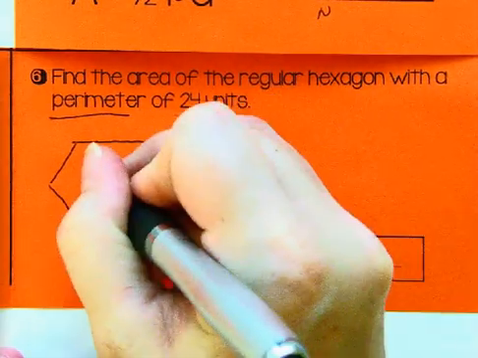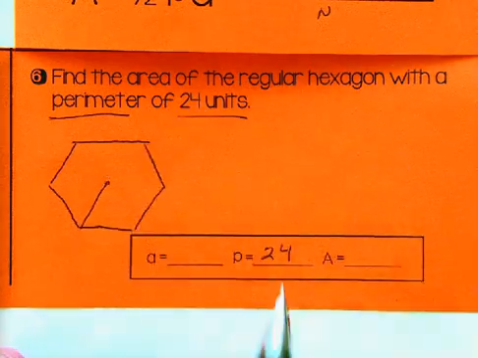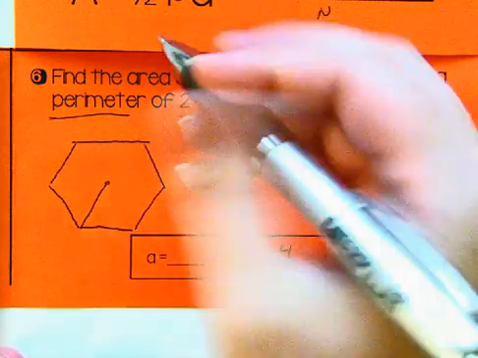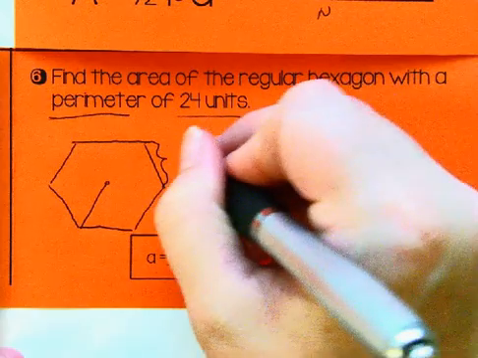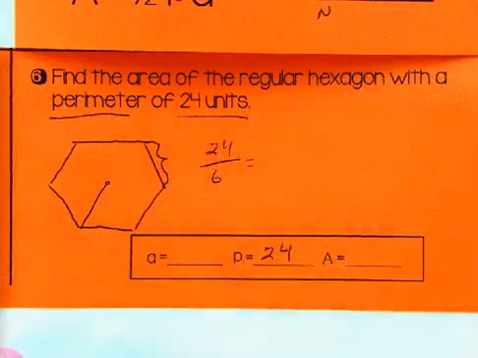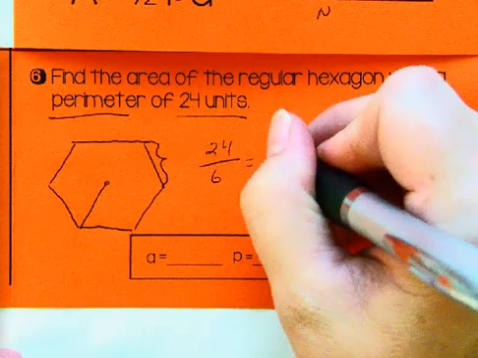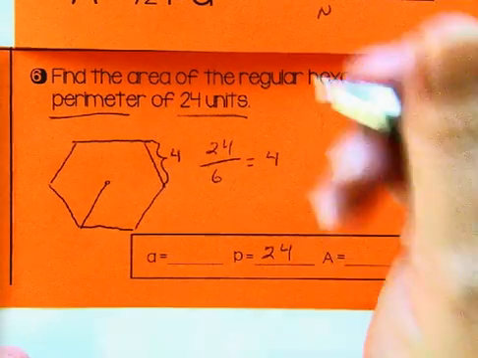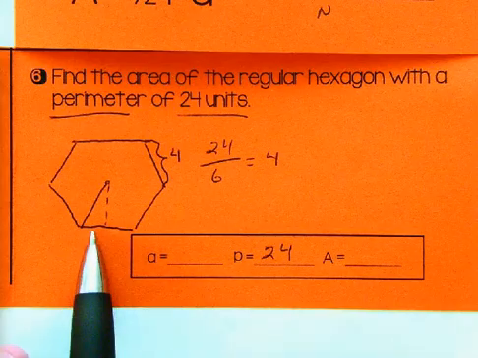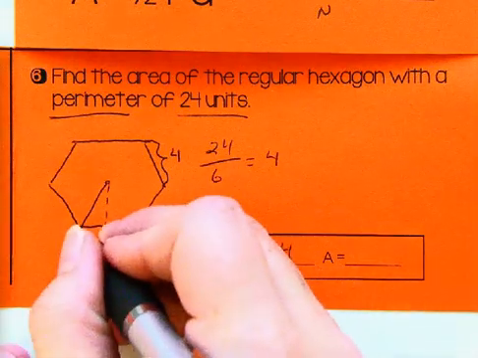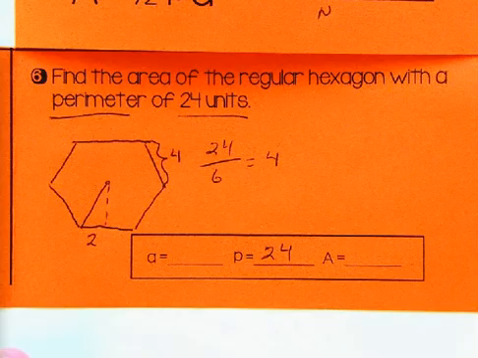So drawing our shape there, if we have the perimeter of 24, we need to find one side's length. So we're going to take 24 divided by our 6. So that ends up giving us 4 for one side. And then we need half of that to get the leg of our triangle. So that gives us 2.